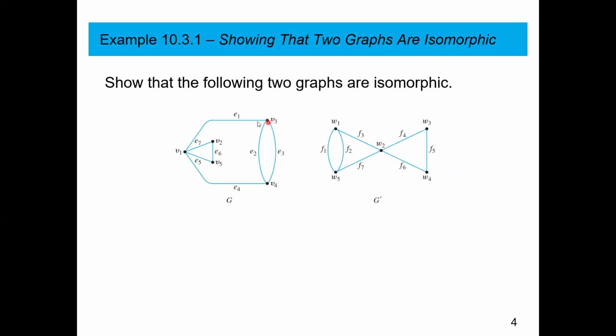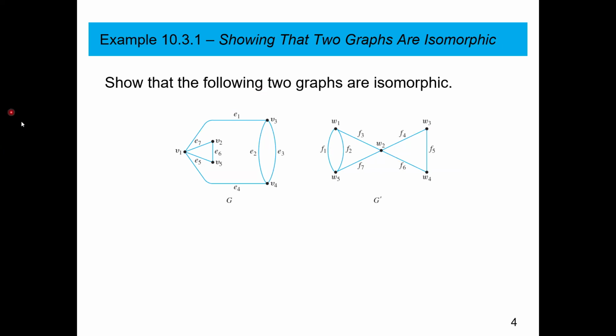Well, it turns out that if I take this portion right here and slide it out, I could flip it out. This goes back to the fact that when we draw graphs, we don't have to draw them with perfectly straight edges. We can curve them. We can do all sorts of other wonderful things, and this is part of what gives us so much power.